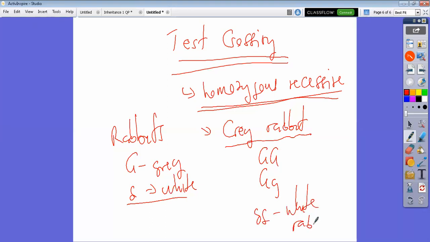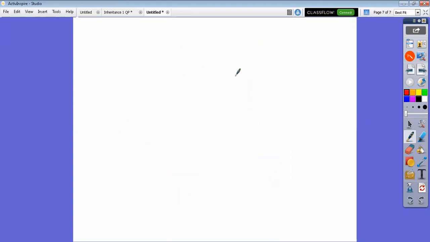A white rabbit. Is that making sense? I'll show you now what we do. That's why I said we have to use a homozygous recessive. Now, look at how we do this. So we've got a g, which we said is white.